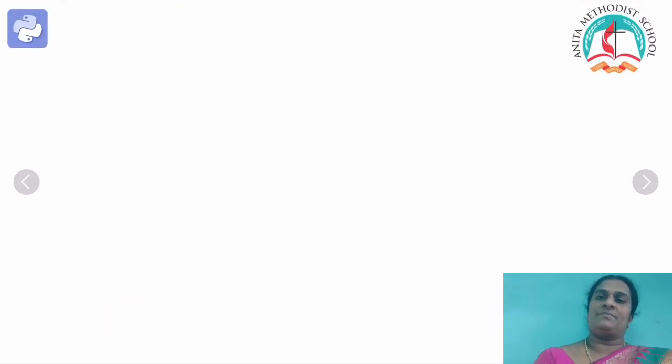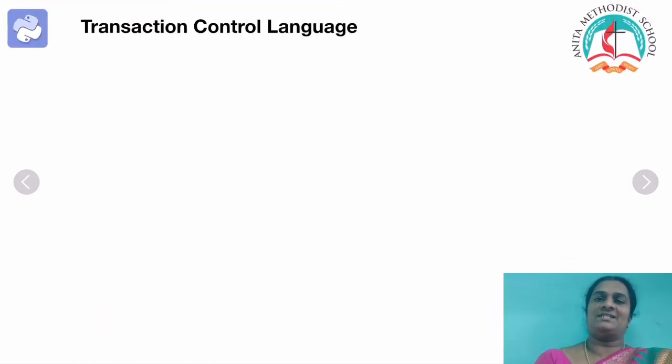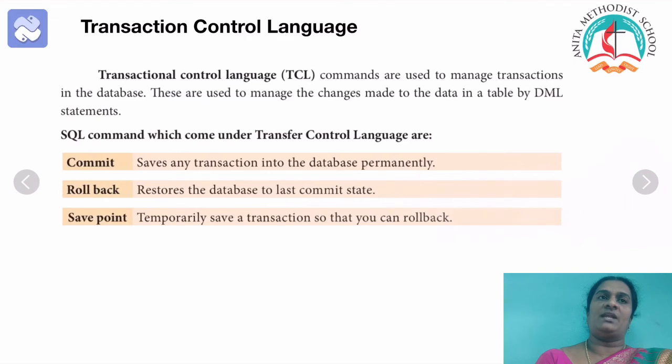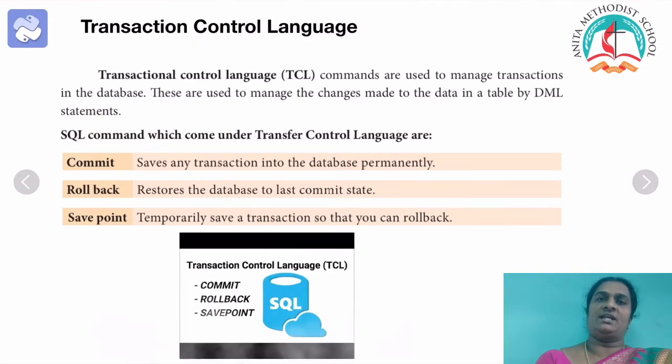Next we are going to see transaction control language. What is transaction control language? It is mainly used to work with transactions. There are three types of it: commit, rollback, and save point. What is commit?